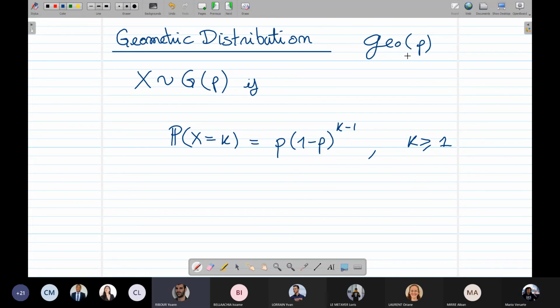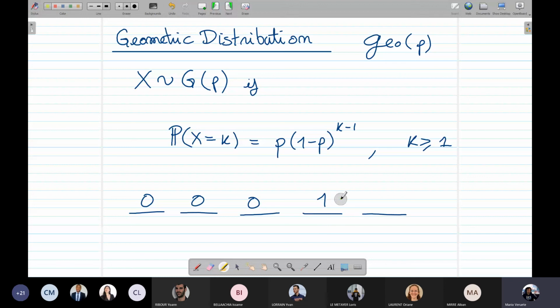Like you flip a coin n times to have a tail. Yes, exactly. So you're launching the coin a number of times and you write the result, for example, 0, 0, 0, 1. So this is the first time 1 appears, and that's for k equals 4.